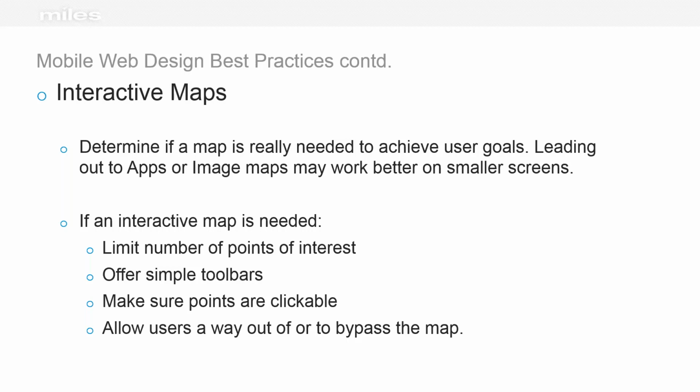Once again, back to that 36 pixel by 36 pixel point area, so that they can touch on the area they want without mistapping. Any toolbars you're using need to be very simple and clear and easy to click. And you want to make sure that you always give users a way to bypass a map on mobile. Just because we think there needs to be a map, perhaps your users feel that there's a way to access the information without needing to have that map.